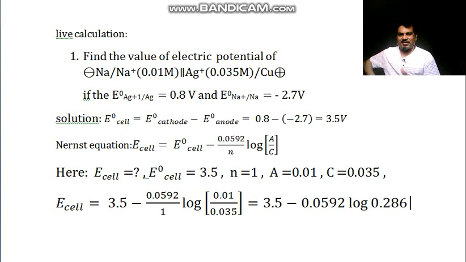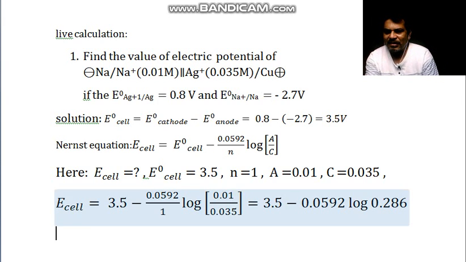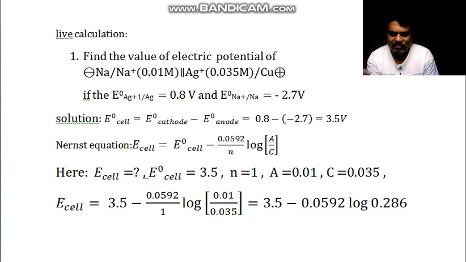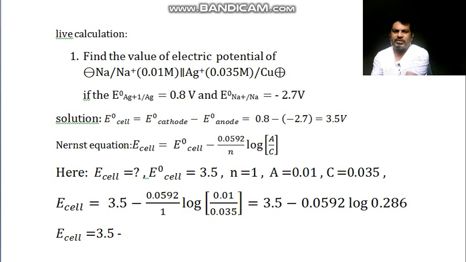So this is our first part. Now E degree cell or E cell is what we are going to calculate. So E cell is equal to 3.5 remaining as it is, and here log 0.286.